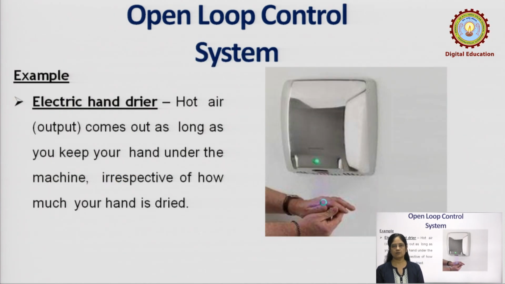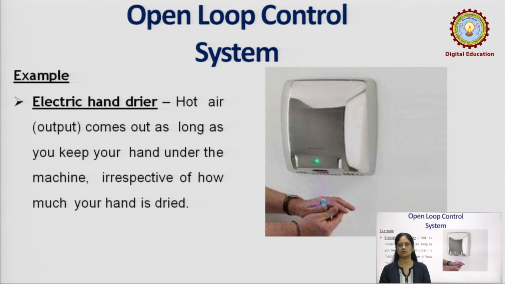Now, for example, how do we understand an open loop control system? We can see an electric hand dryer. How does an electric hand dryer represent an open loop control system? Your hand is being dried, and as long as your hand is below the blower, there is hot air, but irrespective of whether your hand is dried or not, the output is not being sensed.